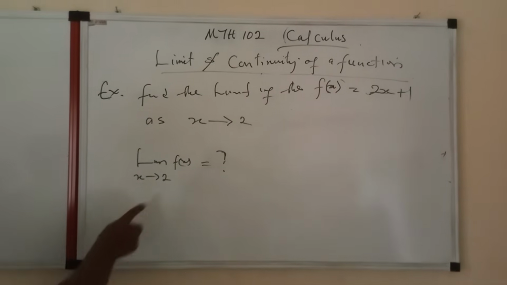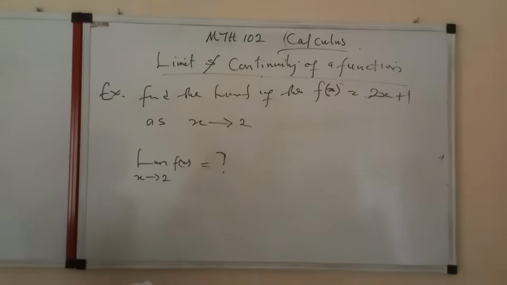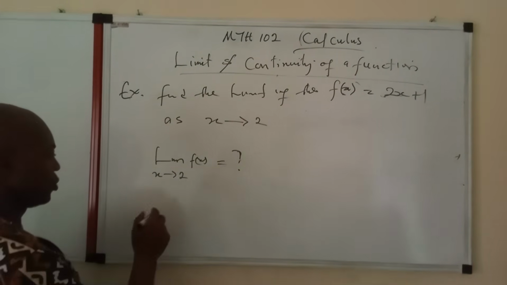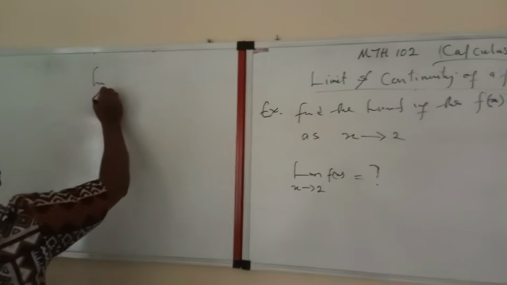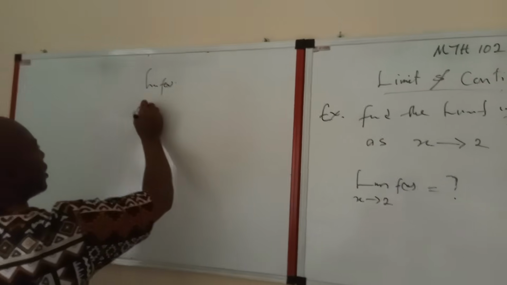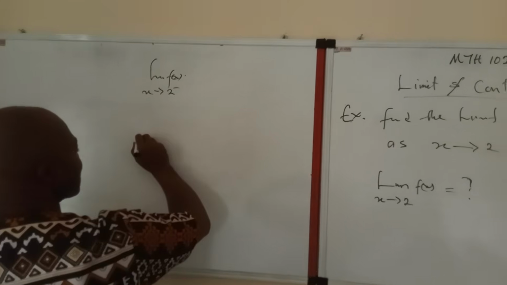Okay, so this is what we are about to do. First of all, this means, as I've said, the neighborhood. So we have to consider it from the left: what is the limit of the function as x tends to 2 from the left?